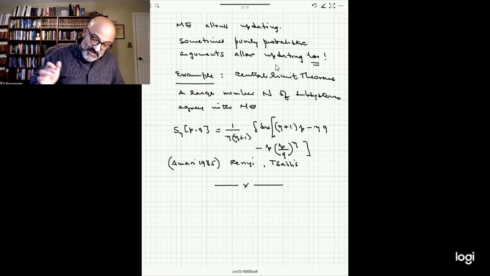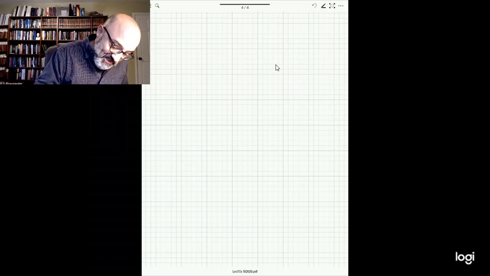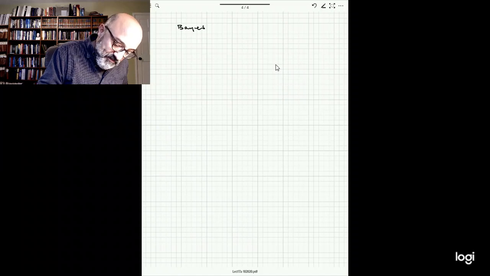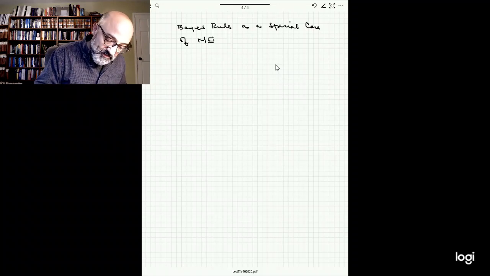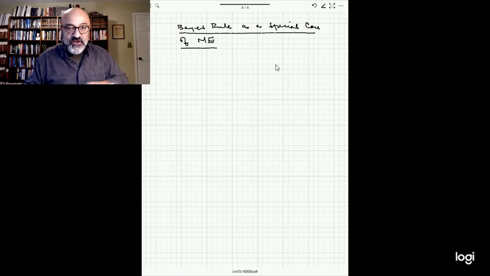So what I would like to discuss next is Bayesian updating as a special case of maximum entropy updating. So how does that work?